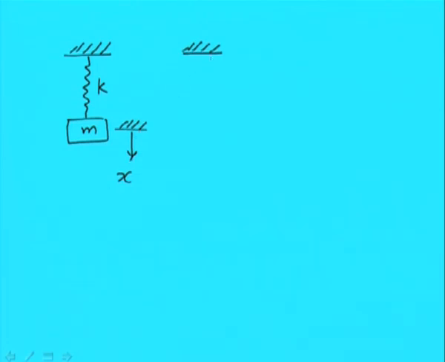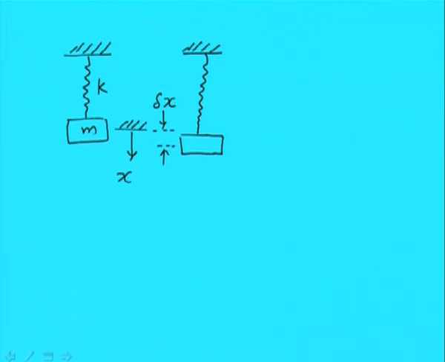Now we are giving a virtual displacement to the mass after this, and that virtual displacement is very small and we are calling it delta x.